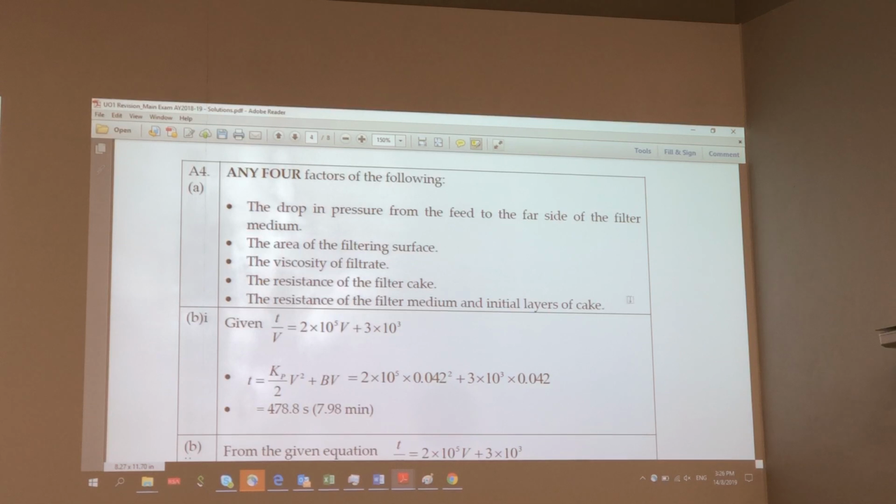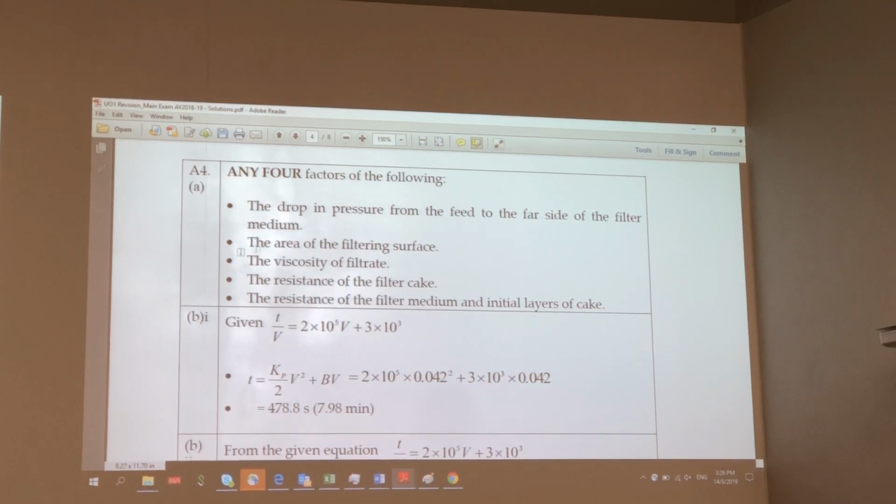Okay, so the first part is very straightforward. Just ask you to calculate the time only, so you can directly substitute inside here. And the main factors, any 4 factors here.